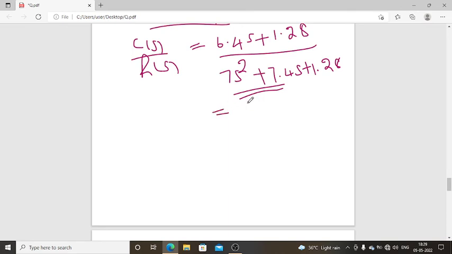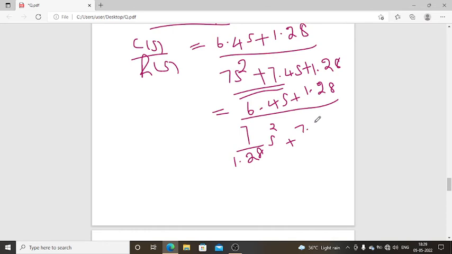The same term, 6.4S plus 1.28. Here we divide this denominator term by 1.28: 7 divided by 1.28 S squared plus 7.4 divided by 1.28 into S plus 1.